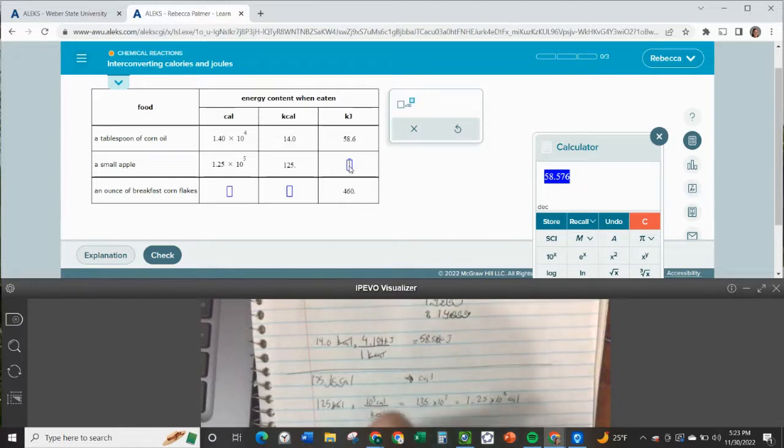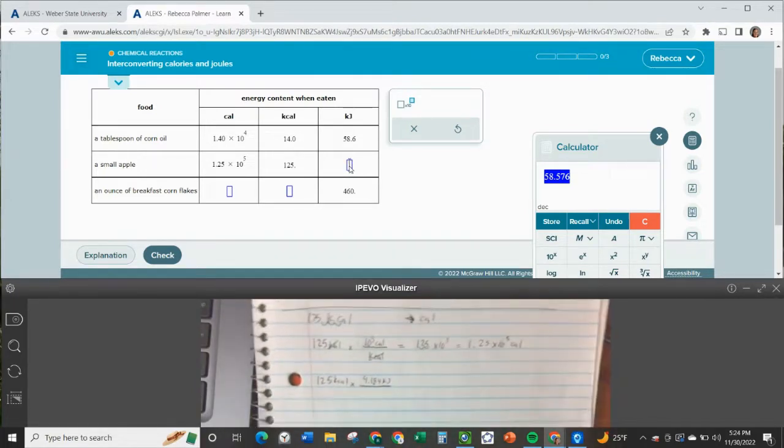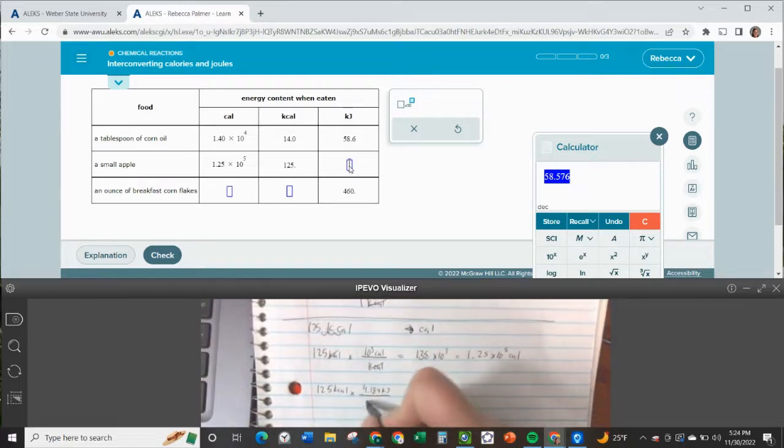Okay, and then if I'm going from kilocalories to kilojoules, I'd take my 125 kilocalories. I multiply by this number, 4.184 kilojoules, my conversion factor, per 1 kilocalorie.